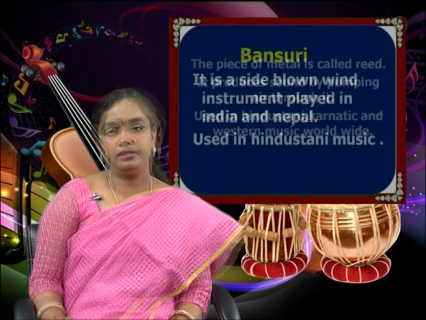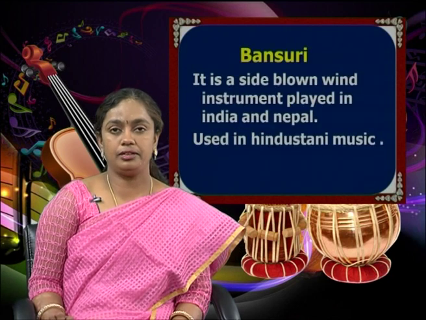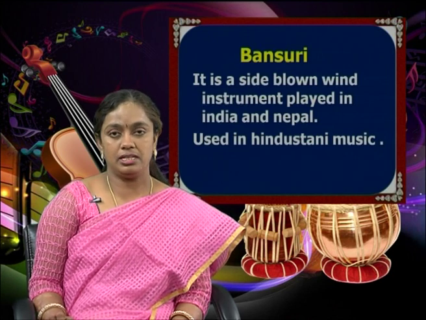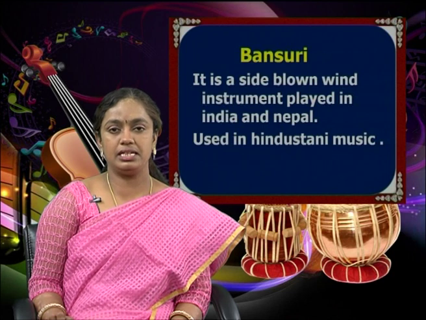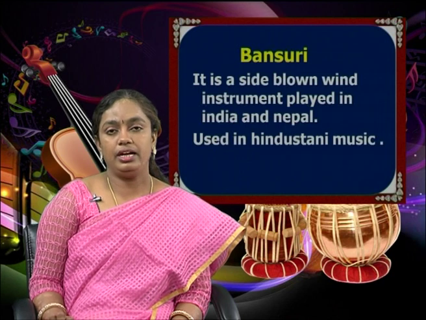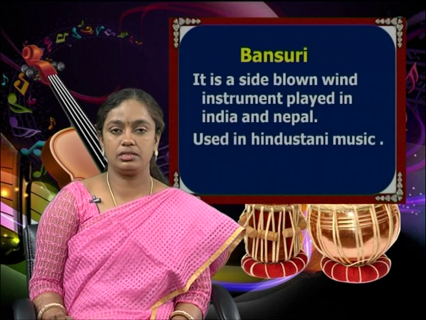worldwide. Now let us move to another musical instrument of North India and it is bansuri. Bansuri is a side blown wind instrument and it is played in India and also Nepal. It is widely used in Hindustani music concerts.